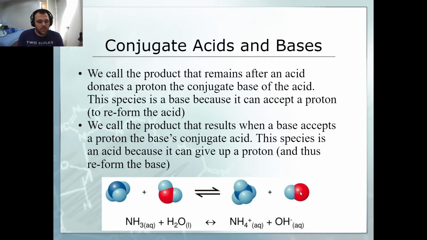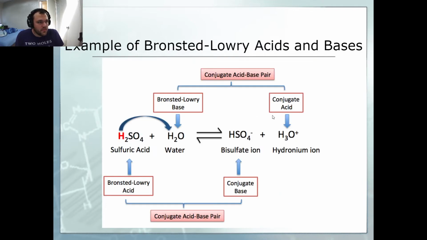So the thing that would be accepting a proton going the opposite direction would be the conjugate base. It's kind of an odd concept, but if you think about it for a while, and we'll look at other examples, hopefully it'll click eventually.